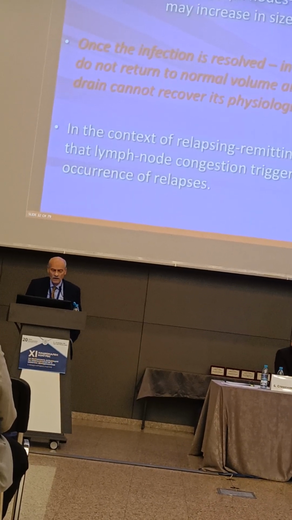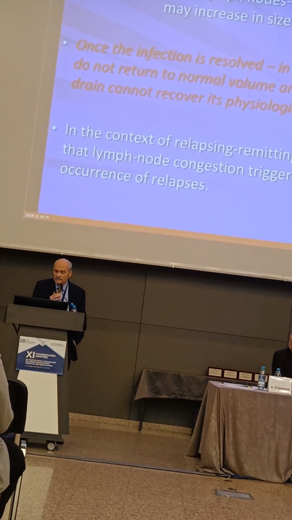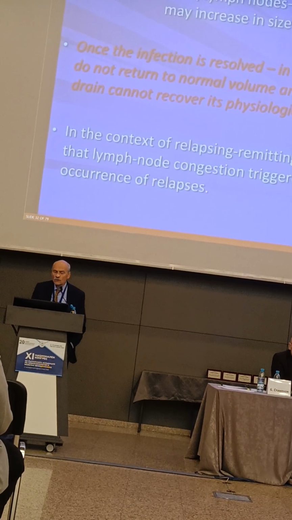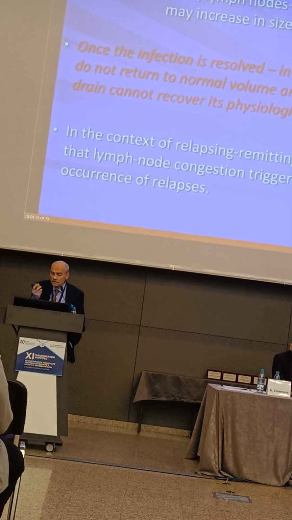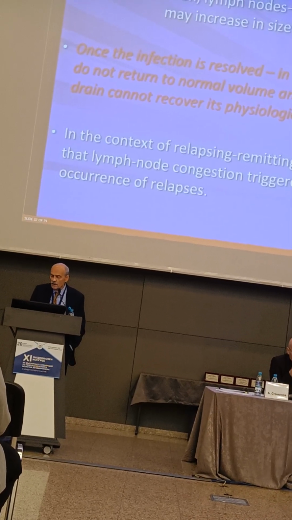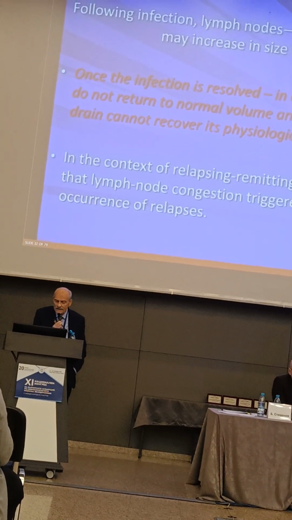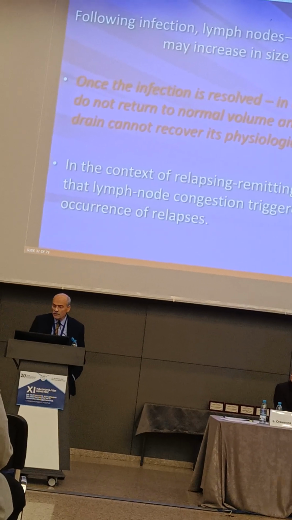Okay? Once the infection is resolved, if the lymph nodes do not return to normal volume and function, for us, the tissue that they drain cannot recover its physiological function. This is the problem.